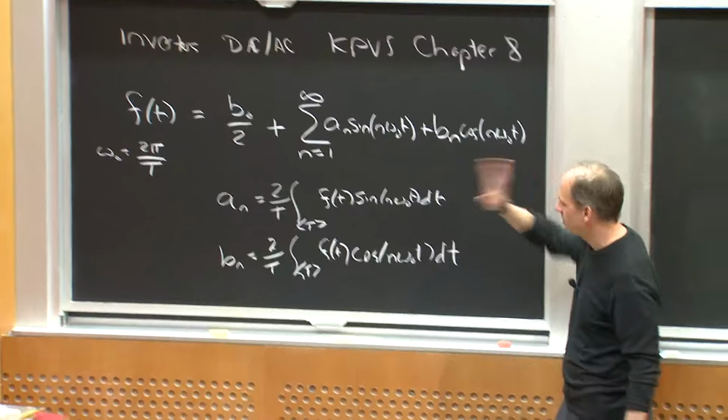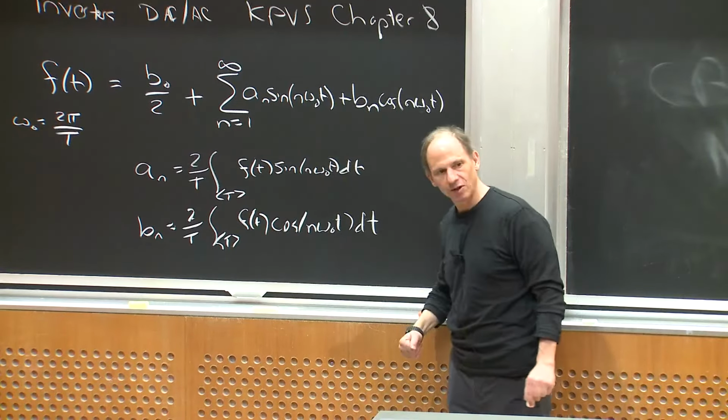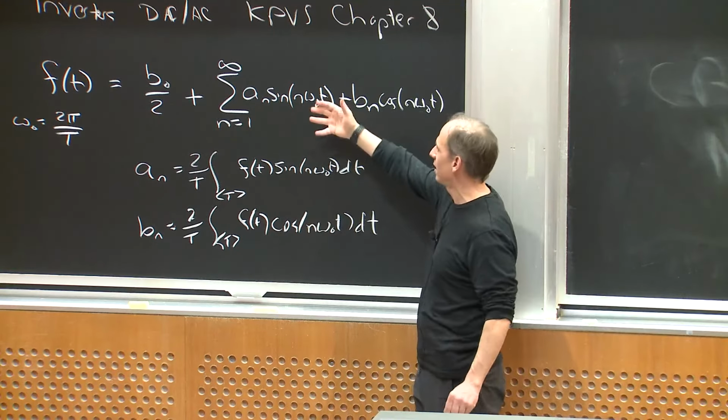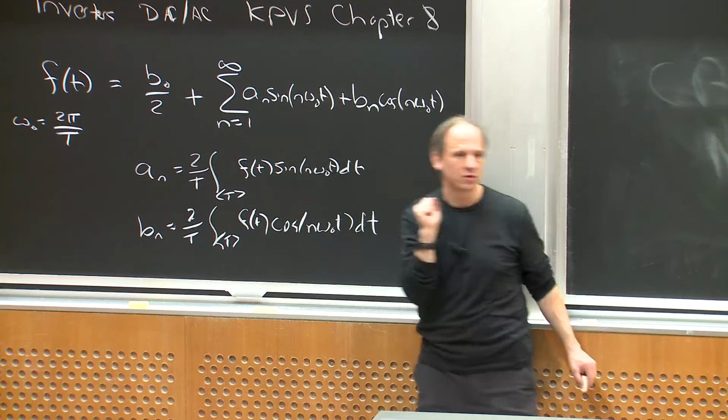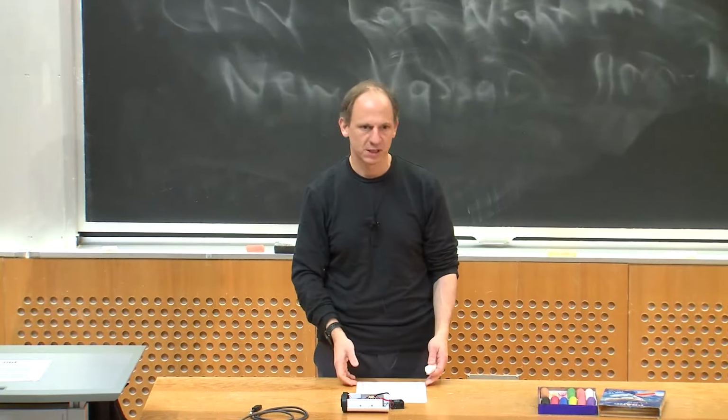So I can take any periodic waveform and break it down into a DC, fundamental and harmonic description, and one way to do that is in terms of sine and cosine components, and we'll see why we picked this particular representation shortly.